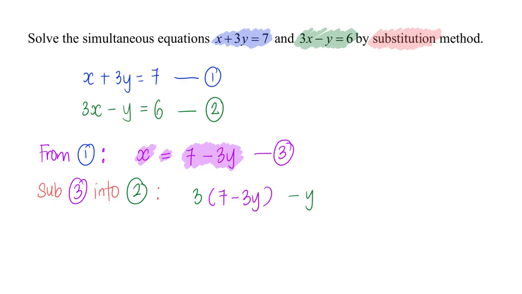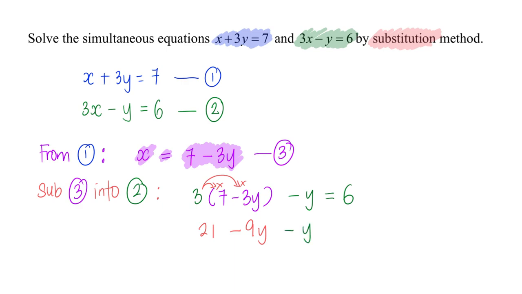Okay, continue to finish equation 2, and after which solve this linear equation. So I will have 3 multiplying by 7. That will give me 21. 3 multiplied by negative 3y is negative 9y.